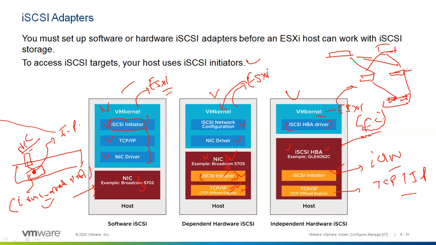These are not FC switches, these are your simple network switches. But as I said, this traffic should not be merged with other networking traffic that you use for the production environment, like virtual machine, management, vMotion or other stuff. There should be dedicated NICs available that we are primarily using for the iSCSI connectivity. Got it? We clear?